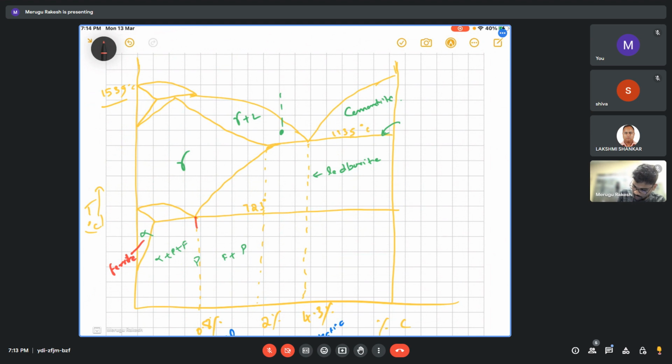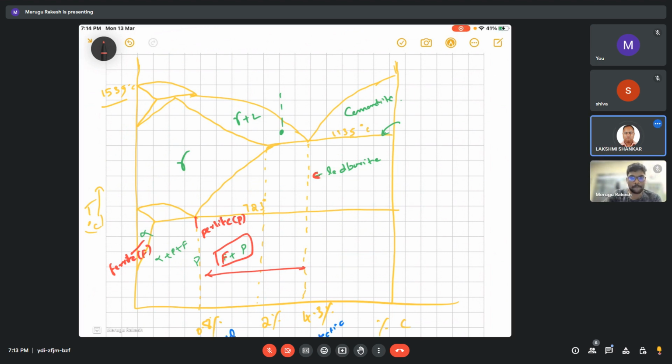This is perlite, and this is ledeburite. Now whatever is present in between, this region is ferrite plus perlite. So I have given P for this. I have given F for this. Then we have here austenite plus cementite.